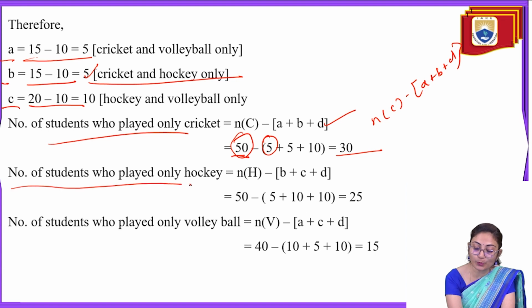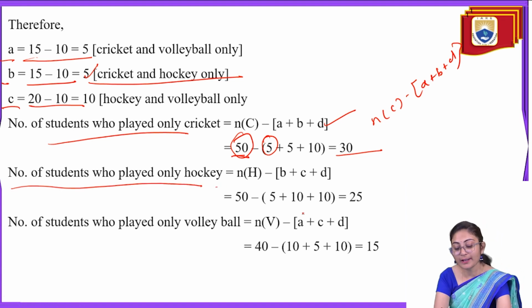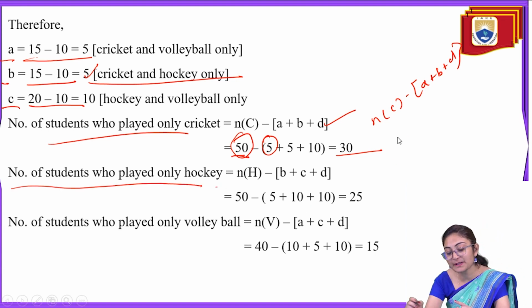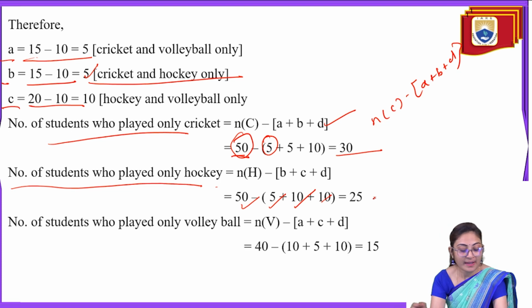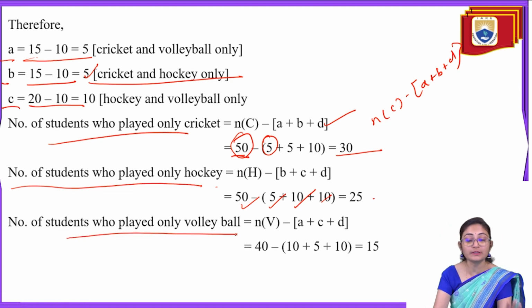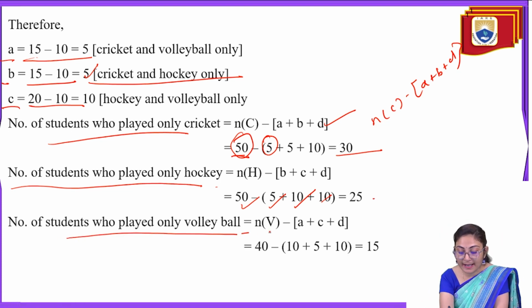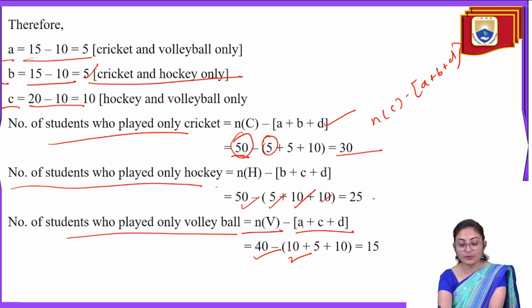Then the number of students who played only hockey is N of H minus B plus C plus D, again 50, minus 5 plus 10 plus 10, that is 25. And the number of students who played only volleyball is N of V minus A plus C plus D, that is 40 minus 5 plus 10 plus 10, that is 15.